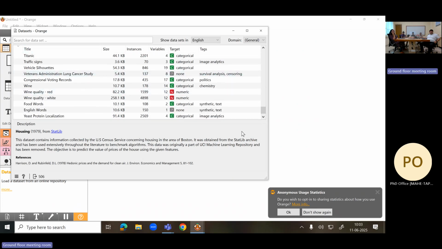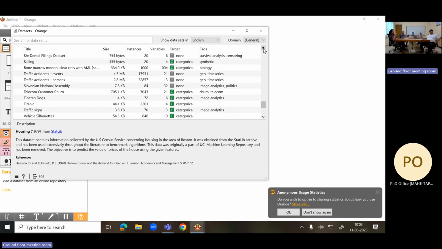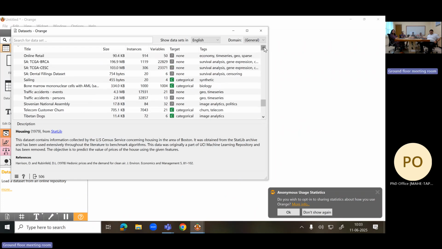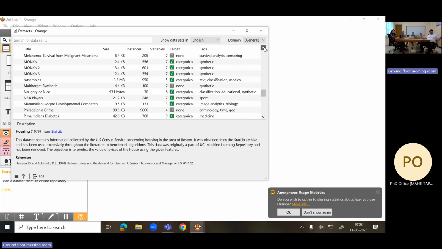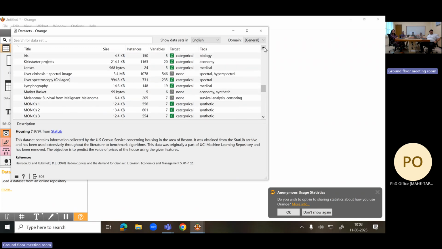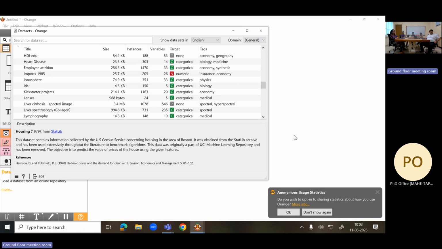Now, how do I pick a data set which is suitable for logistic regression? Basically look at the target. If it's categorical, then you can choose logistic regression as a technique.